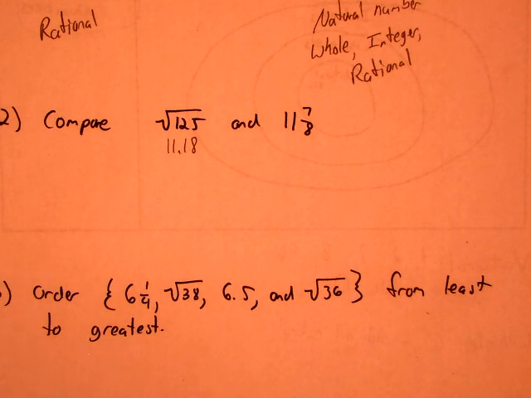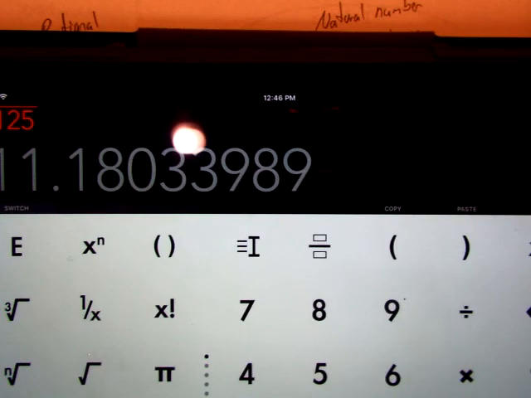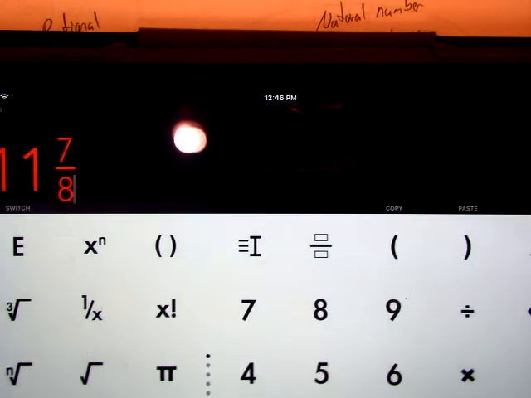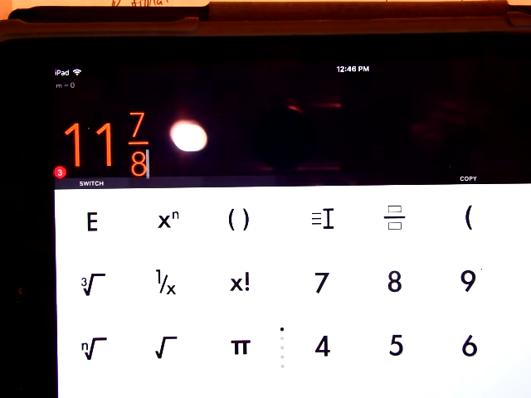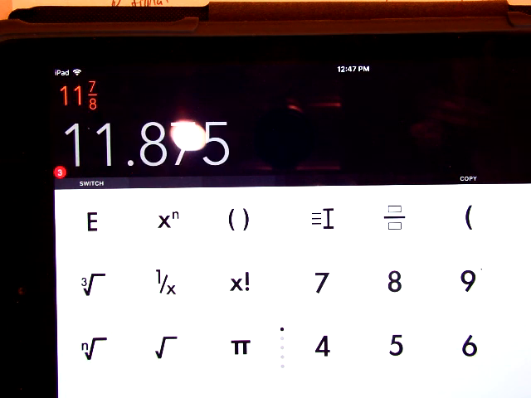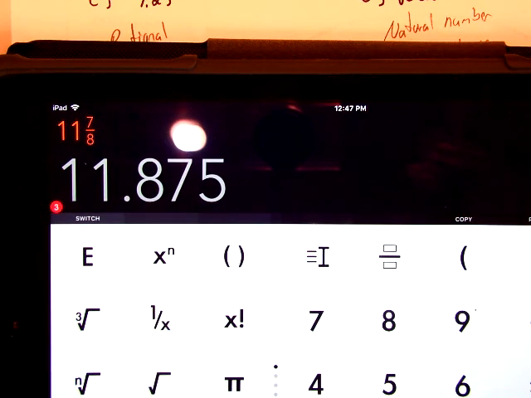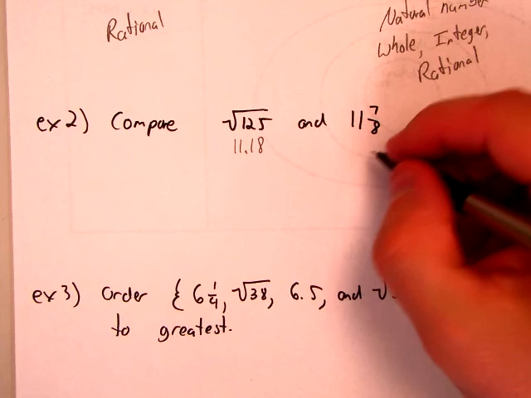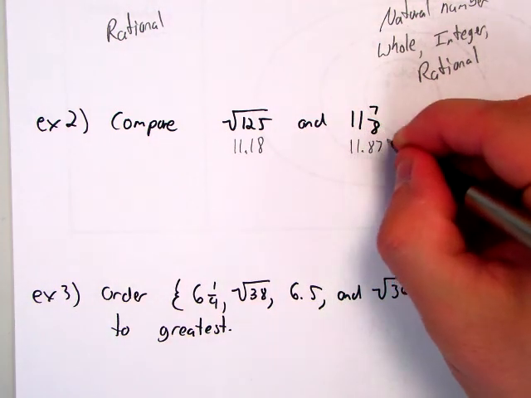With 11 and 7/8 now, I can write it into my calculator like that, 11 and 7/8. Now if I hit equals and change that to a decimal, I get 11.875.